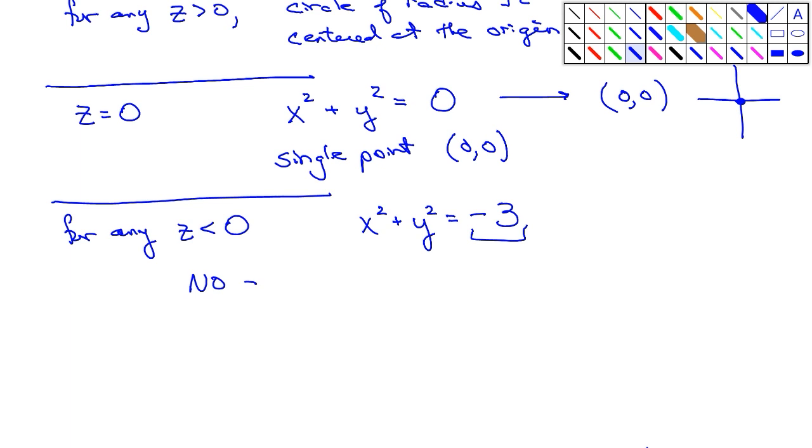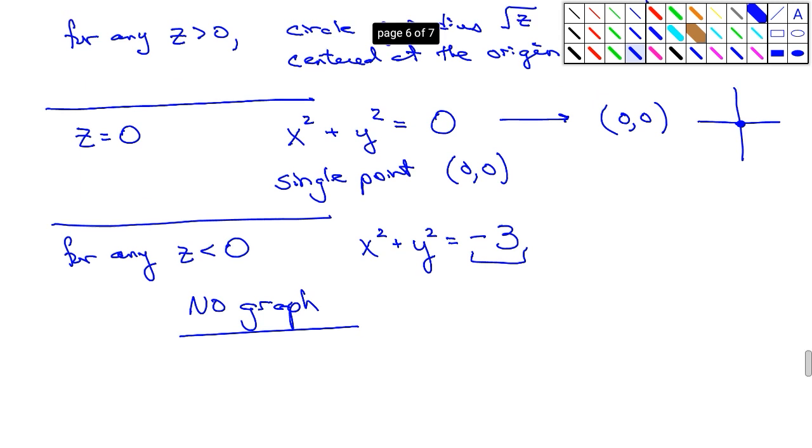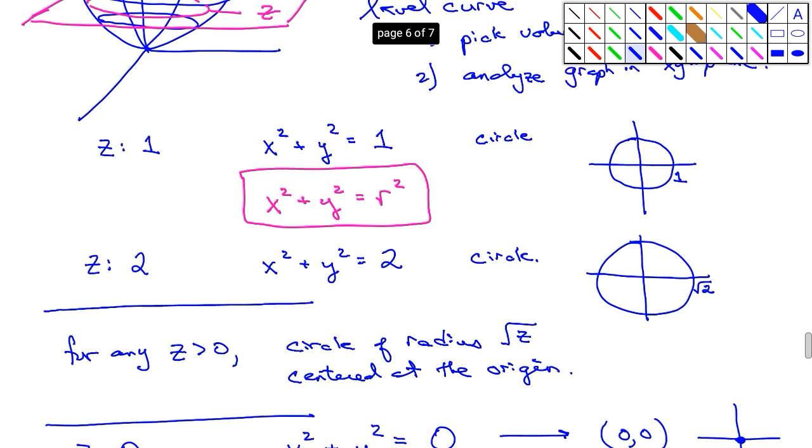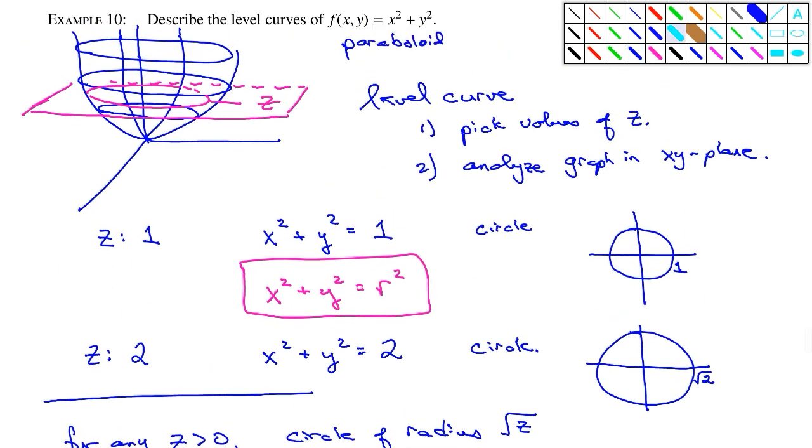So there is no graph. Now, what does that mean for the 3D graph? Well, that just means that there's a minimum right here. There is no graph down here below the xy plane. There's nothing down here. So that's what that results in.